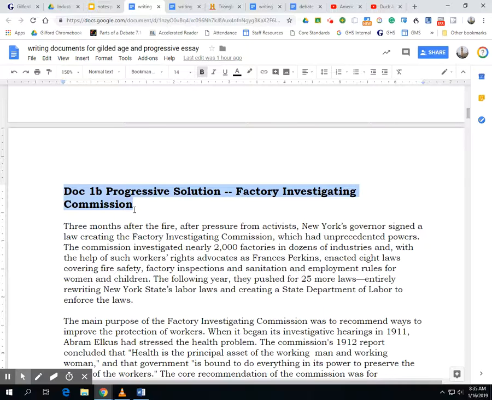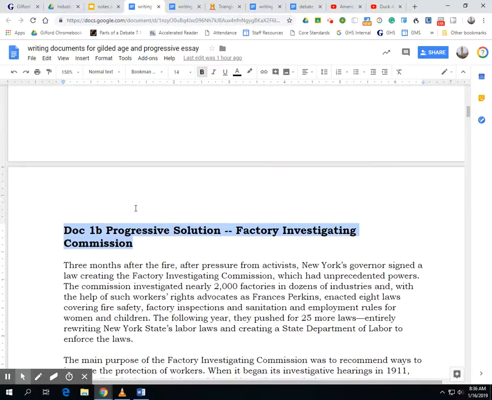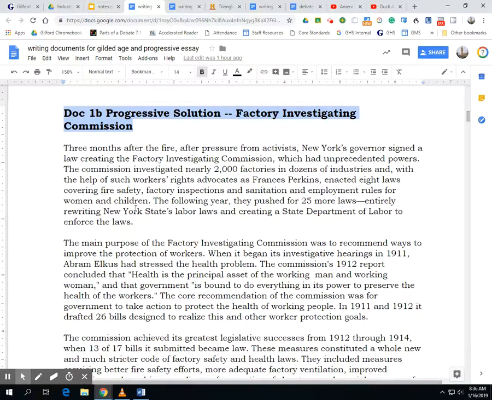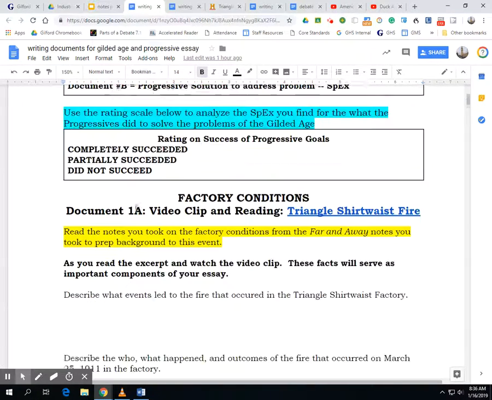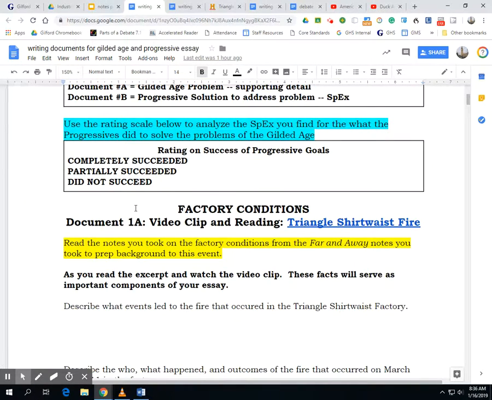And the task of this is that as you read it, it's going to discuss what the commission did, what their actions led to, and you're going to determine, based on this information, did the commission succeed in achieving their goals in trying to get the problem of factory conditions improved? Their goal was to improve factory conditions, and you're going to rate whether or not they succeeded.